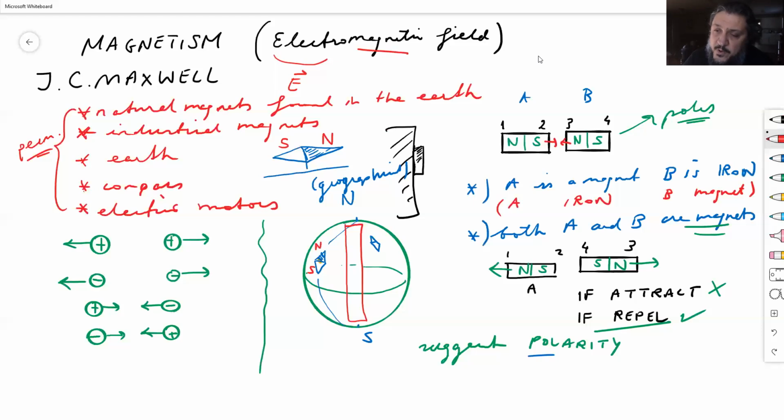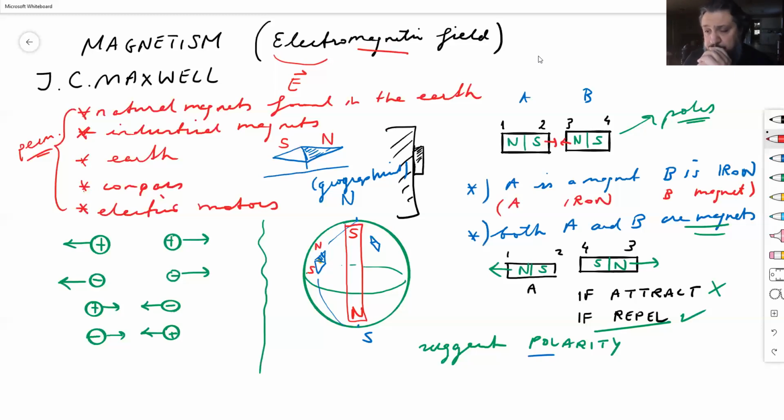So if the north pole of the magnet points in the northern direction, then we deduce using this argument that this is actually the south pole of the giant magnet that is Earth, which makes the other one the north pole of that magnet. Okay, so the south pole of the magnet is actually geographical, or geomagnetic, they call it, geographical north.